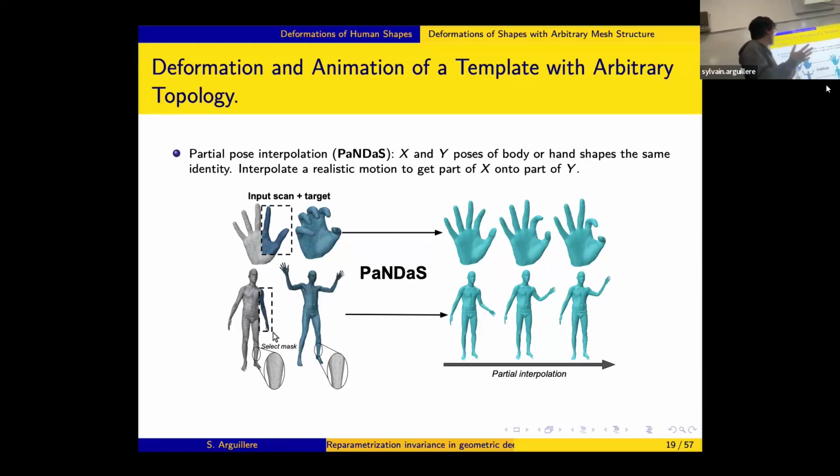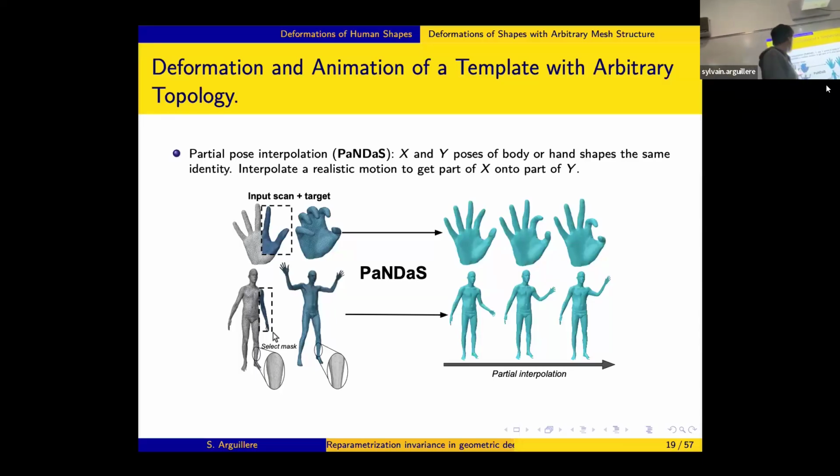It doesn't need to be the same mesh structure, but it should be the same identity, with a different pose. And you want an interpolation that goes from the input to the target, but you want to be able to restrict this motion only to some part of the shape which were chosen. So this has to be chosen by hand.